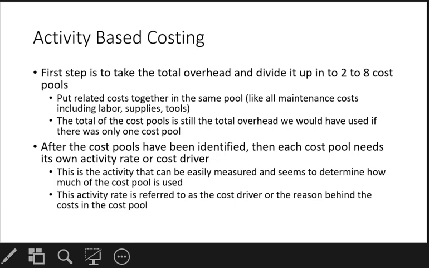But you don't really get better information because when you get more than 7 or 8, the cost pools are related to each other closely enough that you're not really seeing differences. Of course, if you're just doing one, then it's just a plant-wide rate. So it's not really activity-based costing.